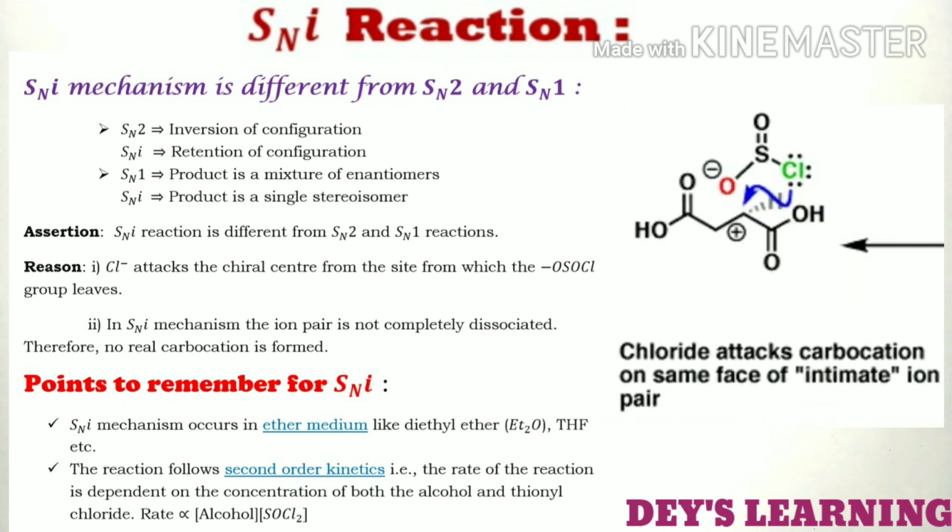Actually, this nucleophilic attack step, the formation of ion pair and the nucleophilic attack, which occur simultaneously, is the rate determining step of this reaction. In this step, both the alcohol and thionyl chloride molecule are involved. So the rate of the reaction depends on both the concentration of alcohol and thionyl chloride. So this is all about SNi reaction, SNi mechanism.